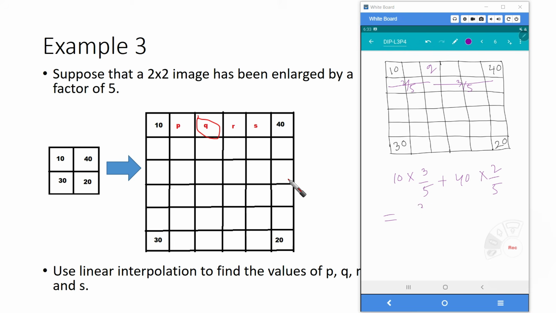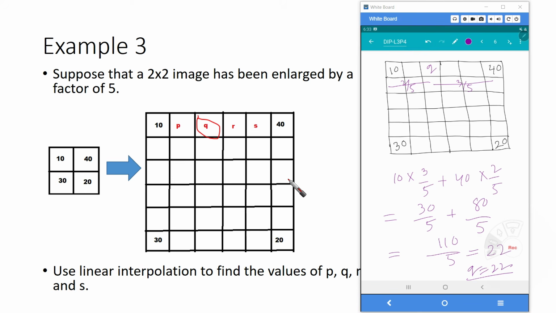So we have 30 by 5 plus 80 by 5, so 110 by 5, and accordingly we have 22. So the value of pixel Q is 22.